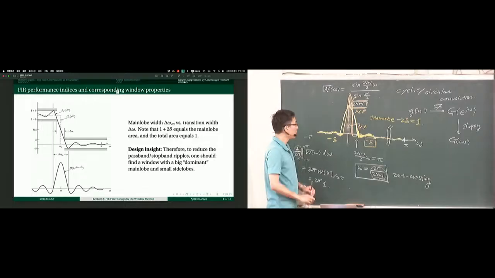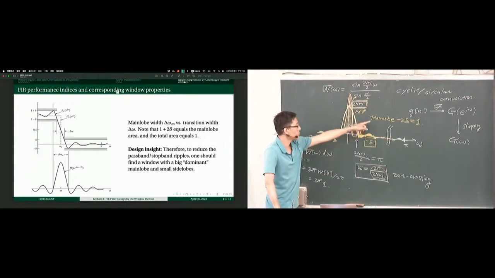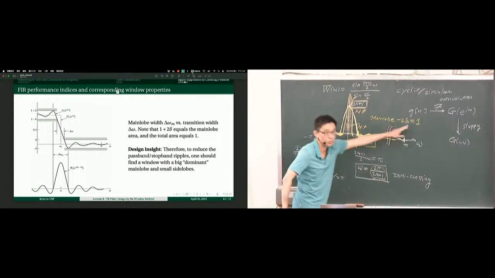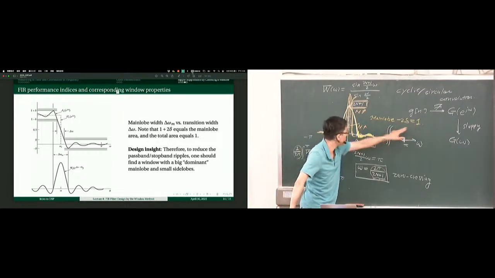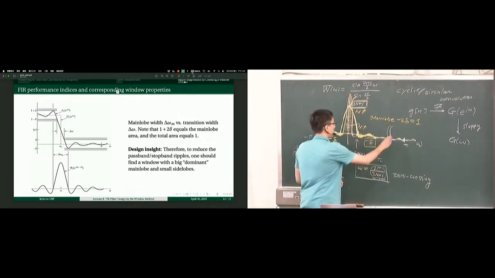But then we say the total area. What is the total area? Total area is 1. So main lobe area plus the two minus delta parts equals 1. That's the entire area. Therefore, the main lobe area is 1 plus 2 delta. Is that clear?